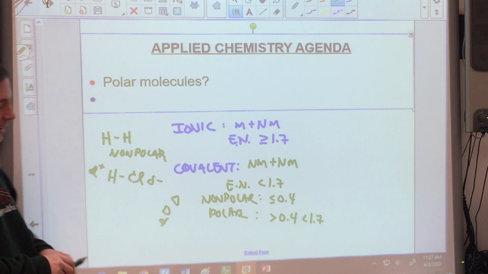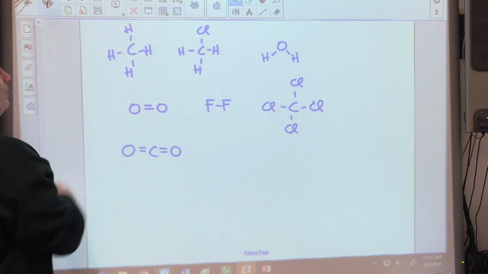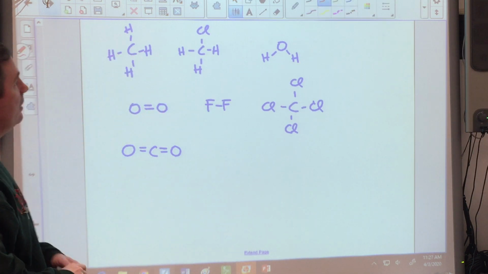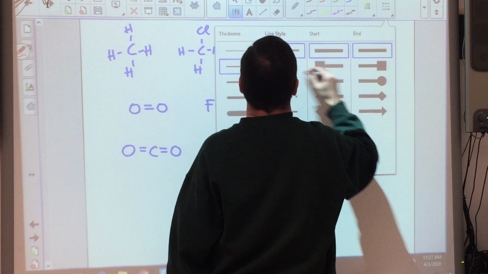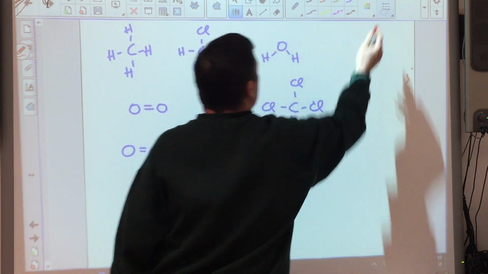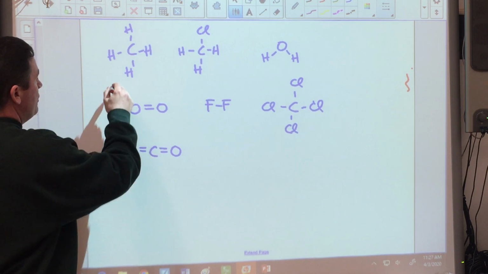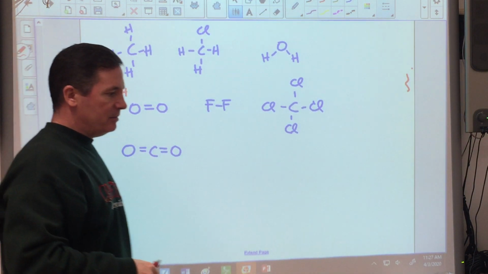All right, so on the next slide, we're just going to try to figure out if these molecules are polar or nonpolar. This is CH4. CH4 is methane.